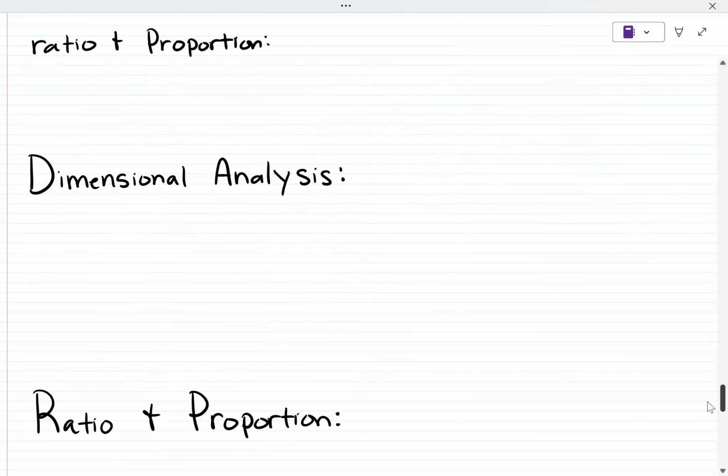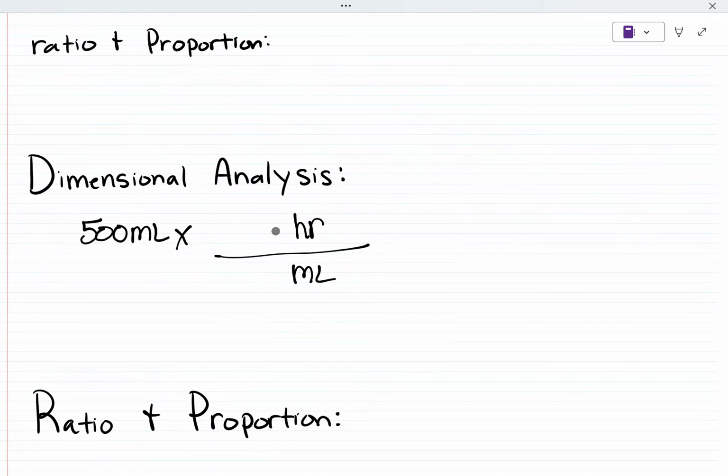So let's start with dimensional analysis. We were given 500 milliliters times, and then I've got to get rid of that milliliter, and I've got to put hours on the top because we want to find how many hours. What's the relationship between hours and milliliters? They tell us 125 milliliters for 1 hour, right?